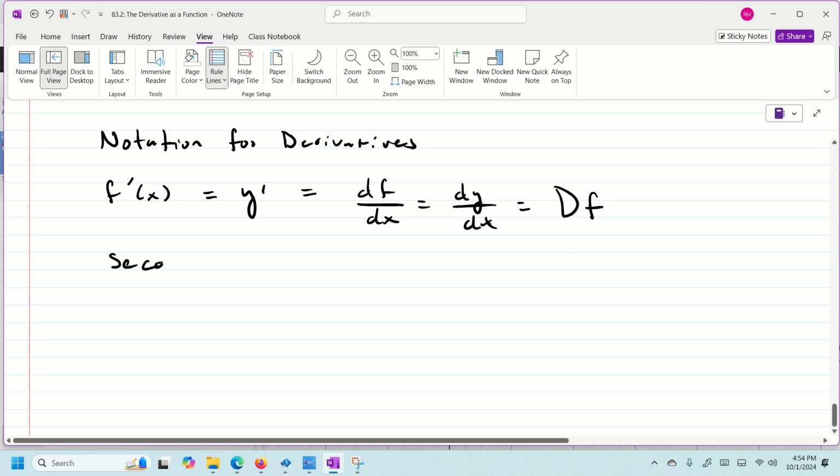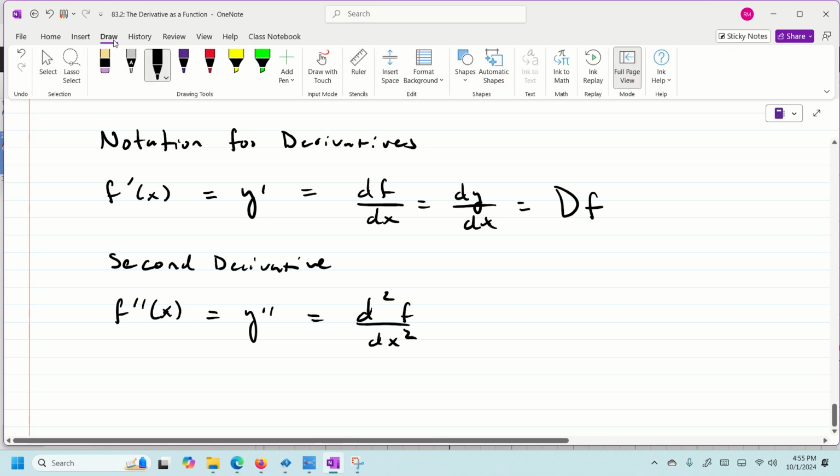For example, if we're looking at the second derivative, using the prime notation, we'll refer to that with f double prime of x. If you're using y equals a function of x notation, you'll use y double prime to refer to the second derivative. For our d dx notation, it's a little different. We're taking the derivative of f twice with respect to x twice.